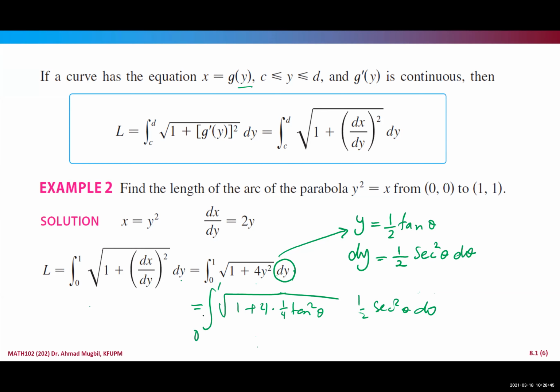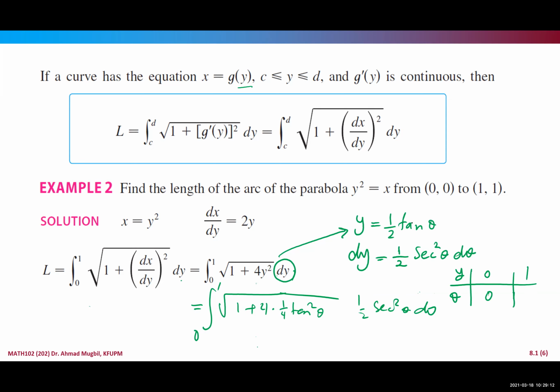No, not from 0 to 1. We bring the new values in the new substitution, the new limits. This is what I expect from you to tell me. So now you need to change the limits. y was 0 and 1. Now what will theta be?